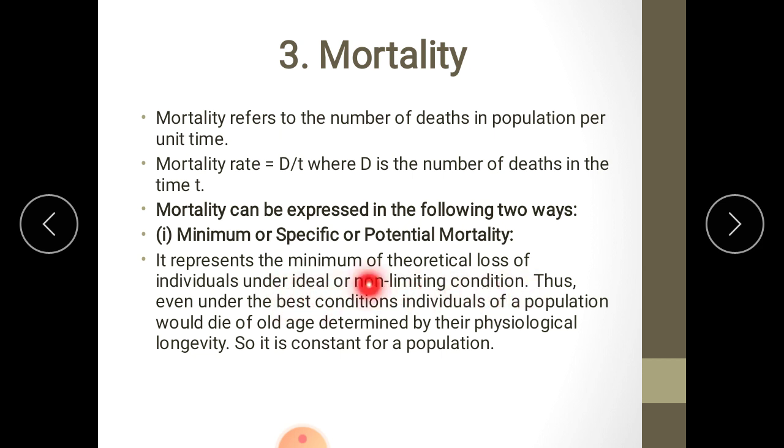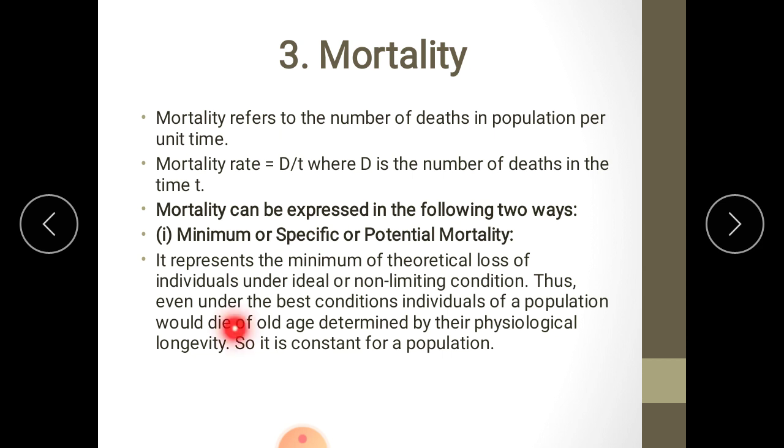This is very important. When a population is exposed to non-limiting condition, no limits for nutrients, no limitation for their environmental factors, under such ideal condition, the minimum number of individuals are dying. That is called minimum or specific or potential mortality.